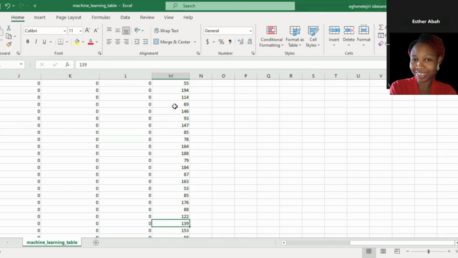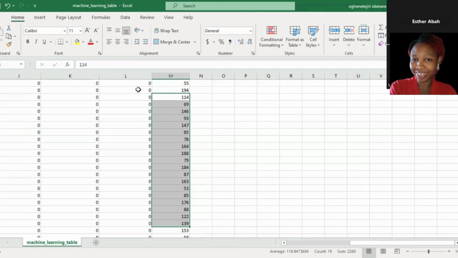If it successfully predicts 100%, these are the answers it should be getting. This is where the accuracy score comes. Sorry, we are dealing with regression. That is where the mean square error and R2 score comes.